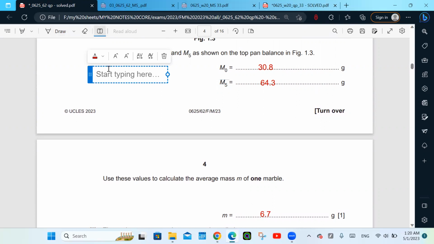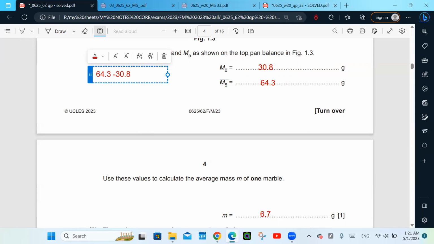The mass of the 5 marbles is equal to 64.3. So you will subtract 30.8.